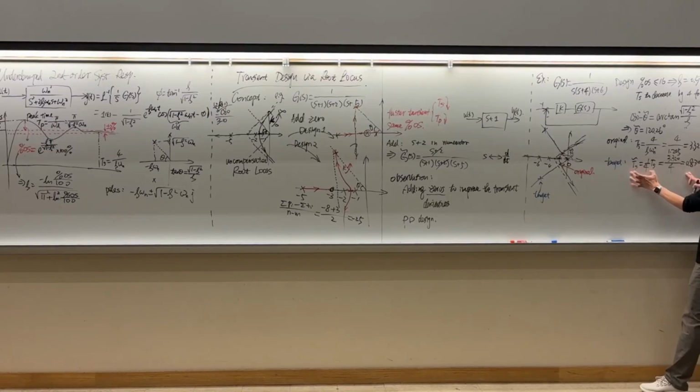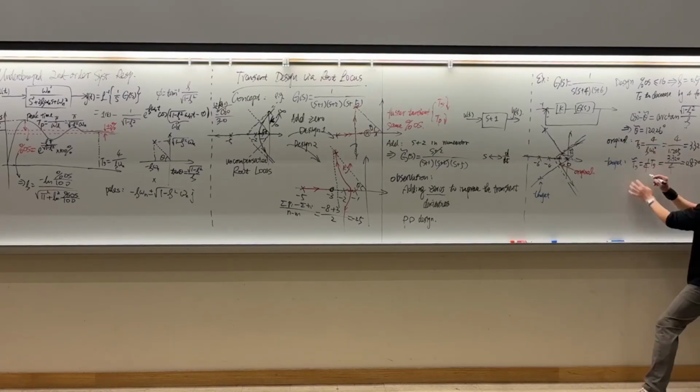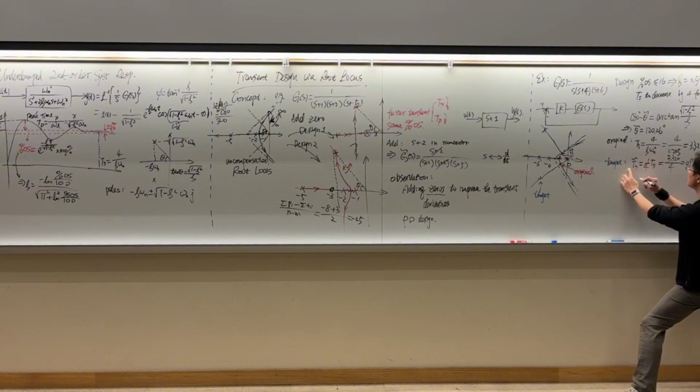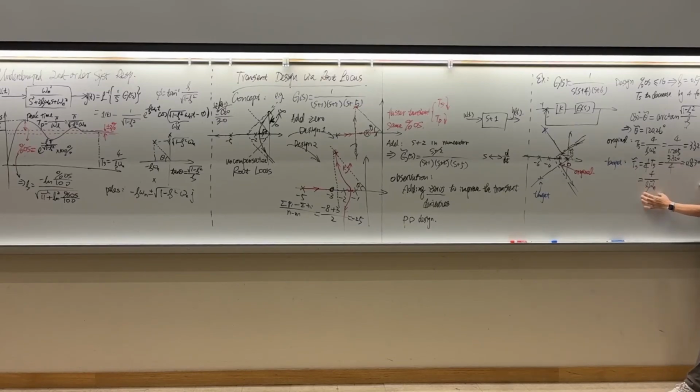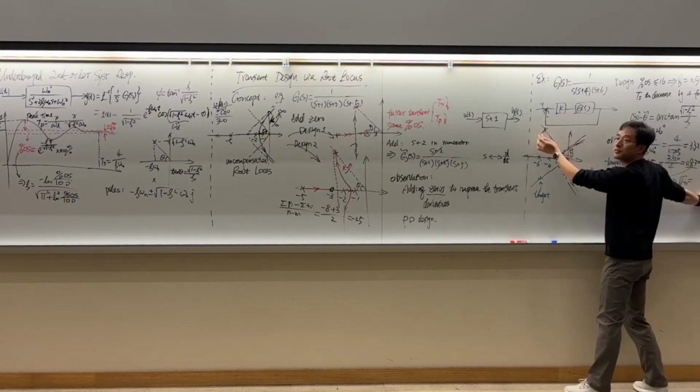Knowing this, the important message is that the target settling time should equal 4 over the new system's zeta omega n value. So if you know this, then you can calculate back what zeta omega n tilde should equal. Effectively, you find the location of this pole.